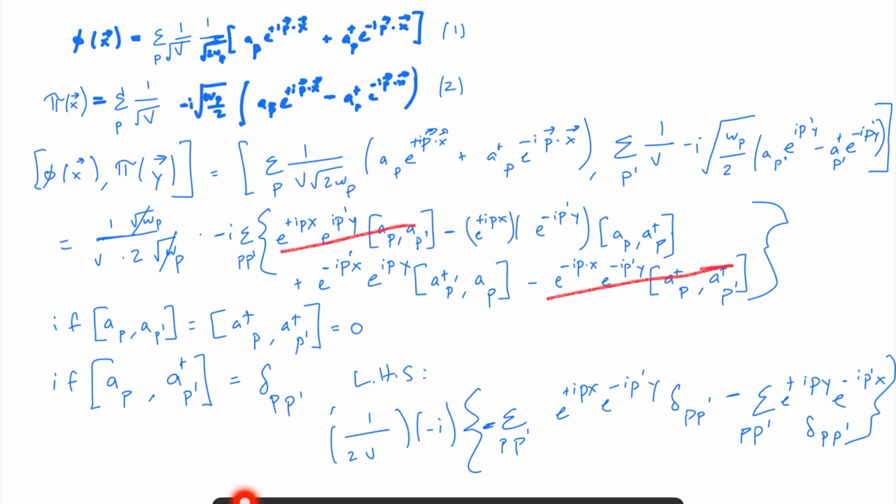So for this term, I'm just keeping things here. I have the minus sign I pulled out in front, e to the plus ipx, e to the minus ip prime y, that's this over here. And now the a_p, a_p' dagger commutator is by assumption the Kronecker delta of p and p prime. That's what this is over here.